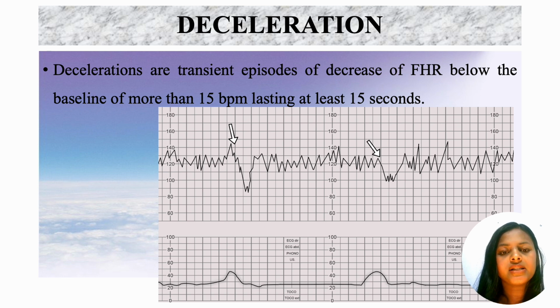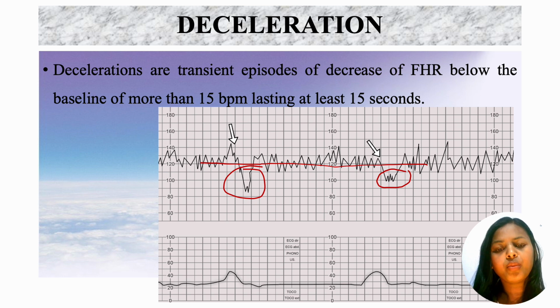Next component is deceleration. Deceleration is the decrease in fetal heart rate. So this is a deceleration, a decrease in the fetal heart rate from the baseline. It is a decrease below the baseline of equal to or more than 15 beats per minute, lasting at least 15 seconds.